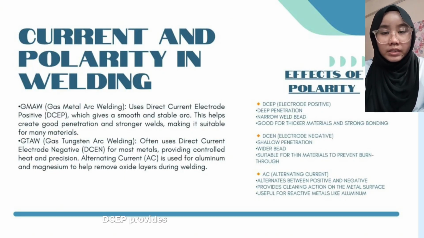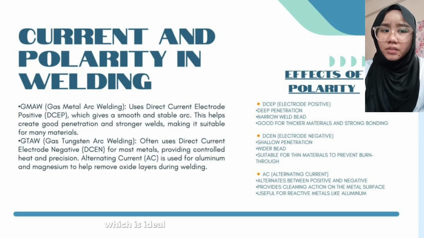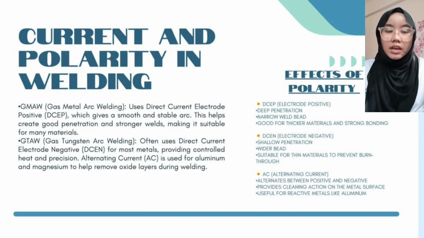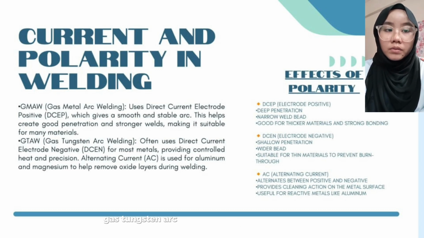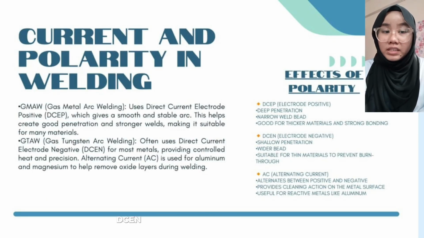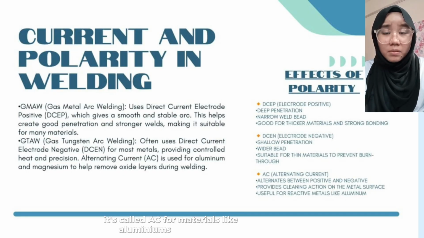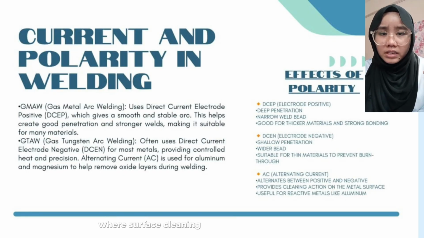DCEP provides a stable arc and good penetration, which is ideal for strong welds. Gas tungsten arc welding can use direct current electrode negative, DCEN, for most metals, or alternating current, called AC, for materials like aluminium and magnesium, where surface cleaning is needed.